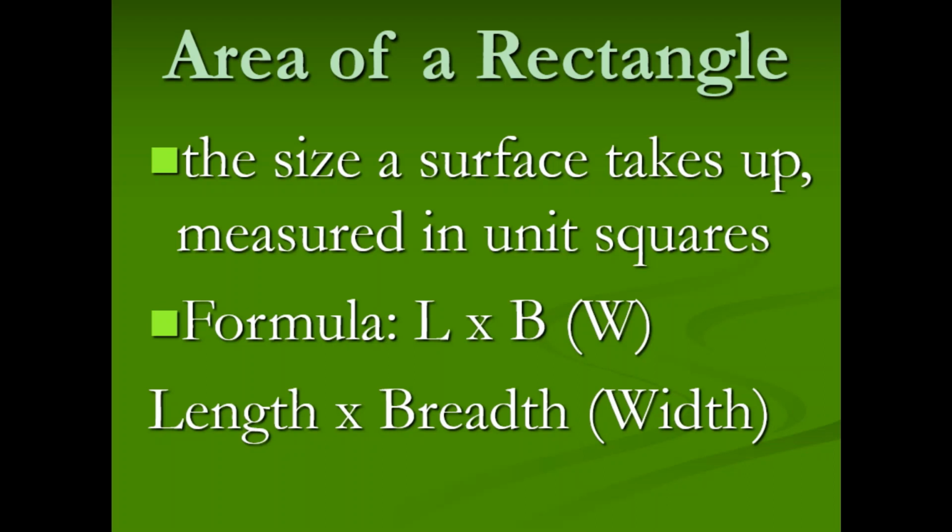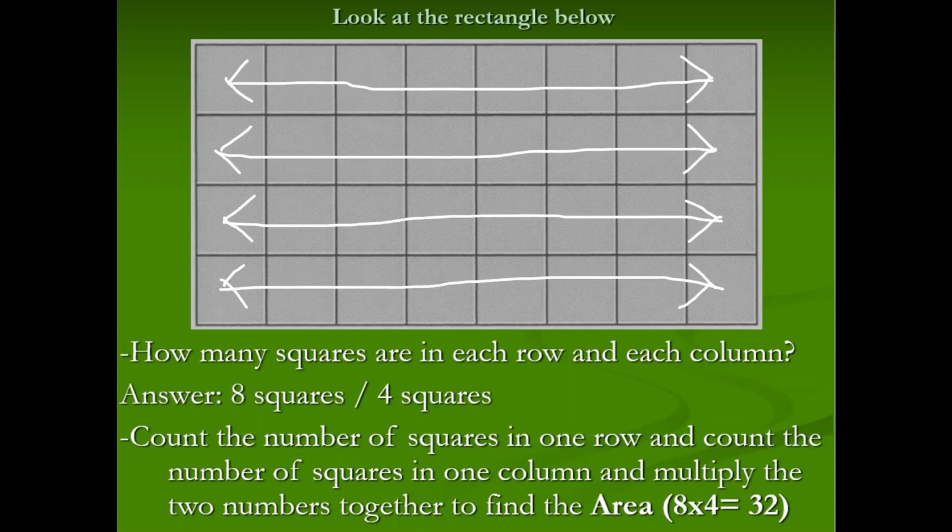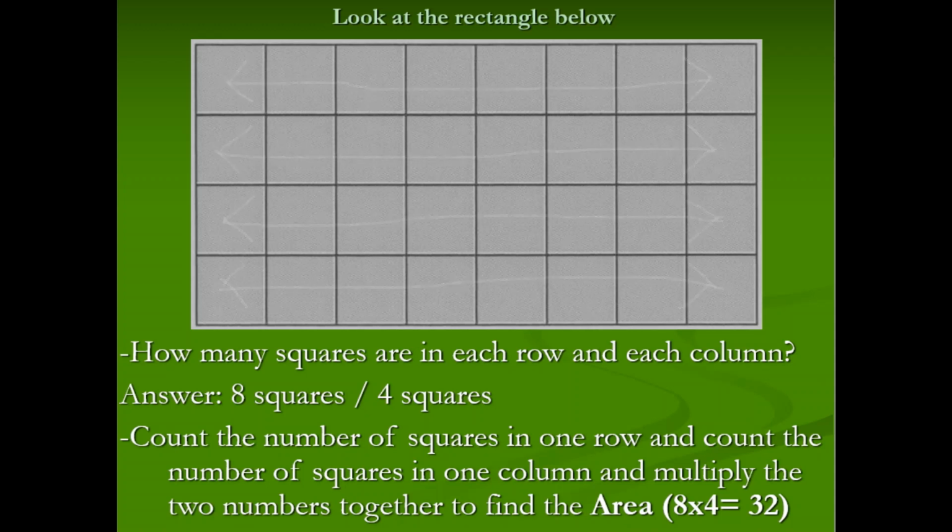Let's see my first example. We're going to look at the rectangle below, and my question is, how many squares are in each row and each column? The rows are these going across, and the columns are the ones going up and down.